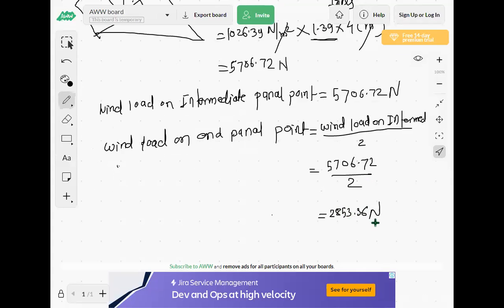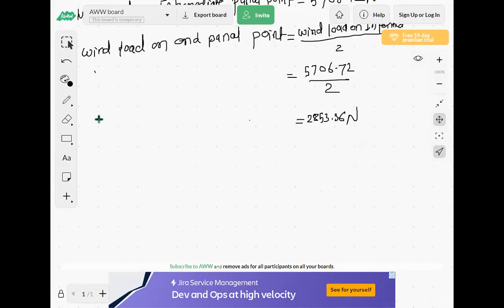So this is the wind load on the end panel point. So we can now draw the sketch. This sketch is very important.